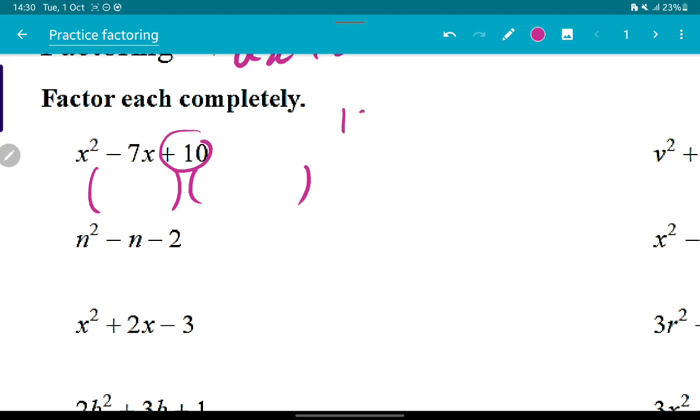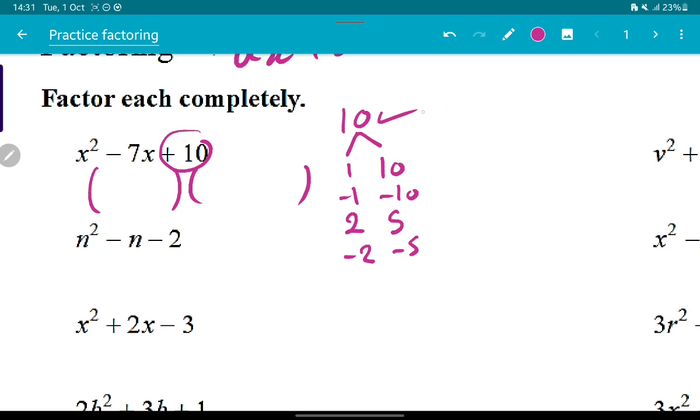You take the 10 and try to find two factors of 10: 1 and 10, negative 1 and negative 10, 2 and 5, negative 2 and negative 5. When we multiply each pair, this will give us 10.